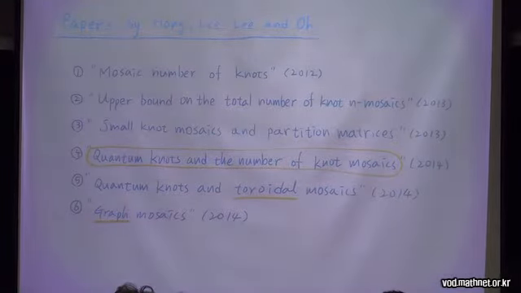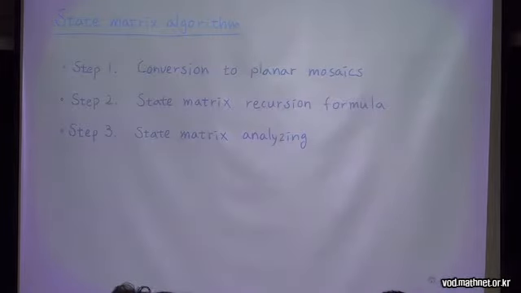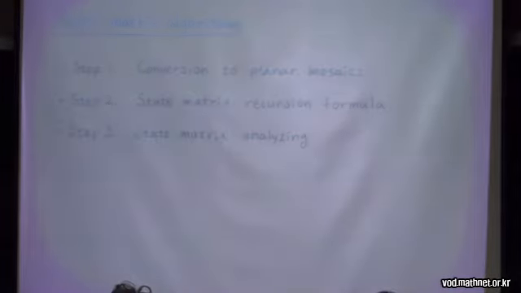So now I'll explain how to apply this state matrix algorithm to the self-avoiding polygon model. So here are the 3 steps of the state matrix algorithm. The first step is conversion to planar mosaics. At this step, we're going to move the polygon from the planar lattice to the mosaic system.